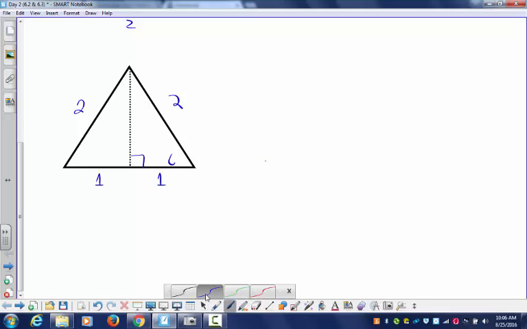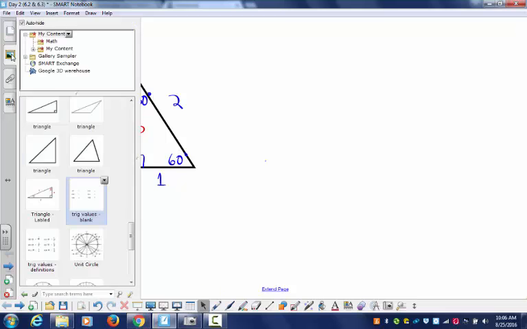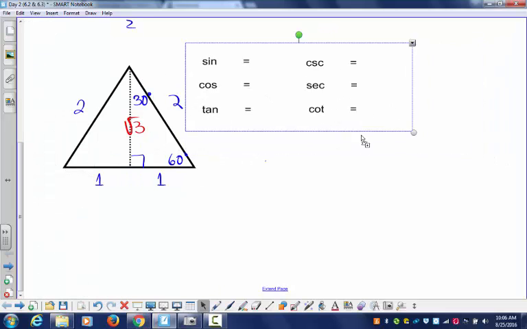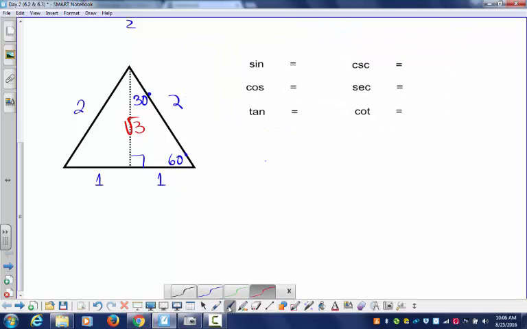So there's our 90, there's our 60, there's our 30. And we used the Pythagorean theorem to calculate that the height there is root 3. Okay, so then our trig function values, let's do a quick review for 30.